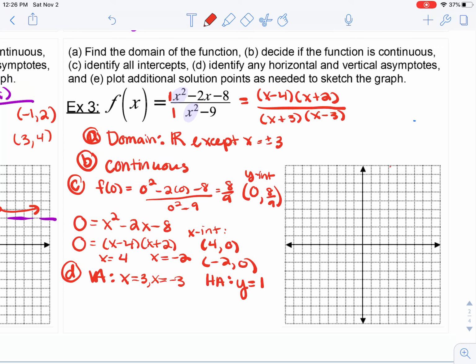So at this point, I would start plotting what we have. So it looks like we have a horizontal asymptote at y equals 1, and vertical asymptotes at x equals 3 and x equals negative 3.